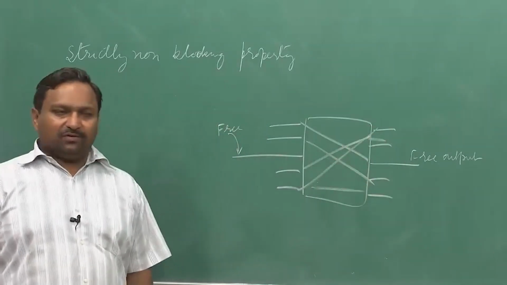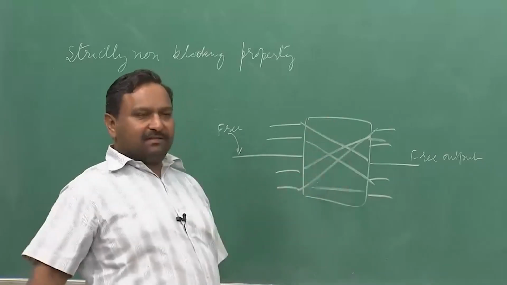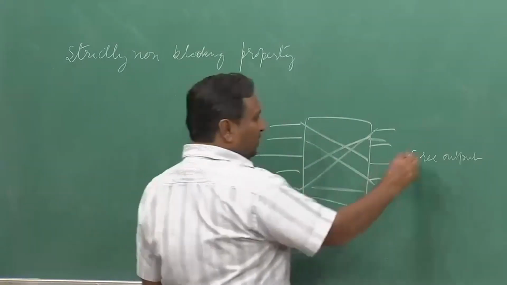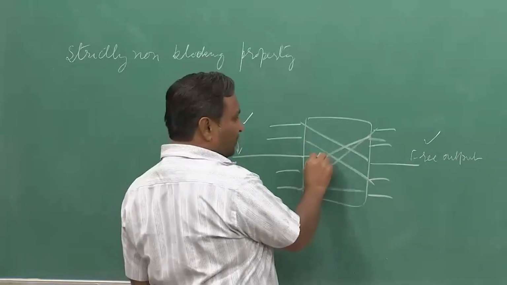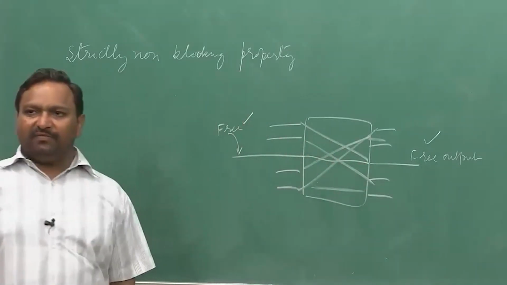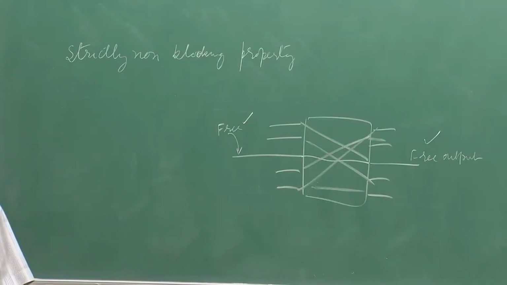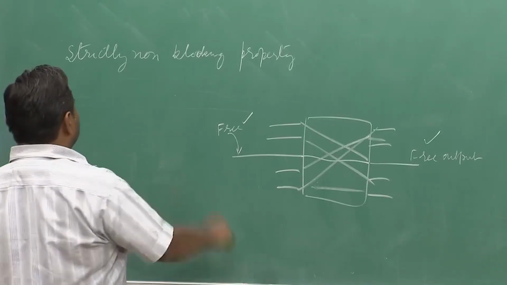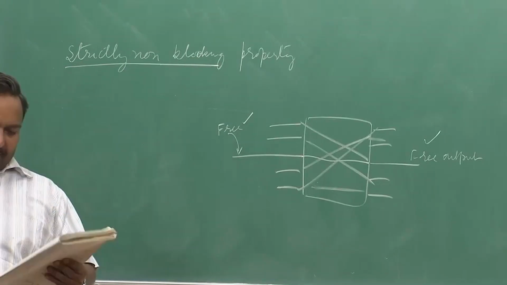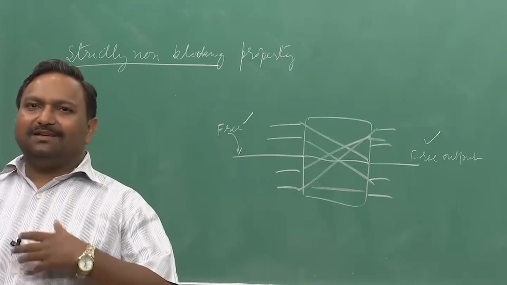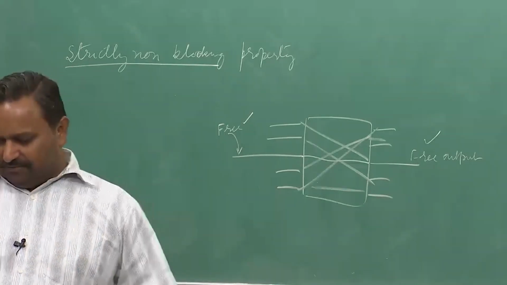Whatever be the connection pattern, if the free input port is there, free output port is there, and without disturbing these connections I can always set up a path between them, then the switch configuration is known as strictly non-blocking configuration. So, that is a kind of a definition in an understanding sense.